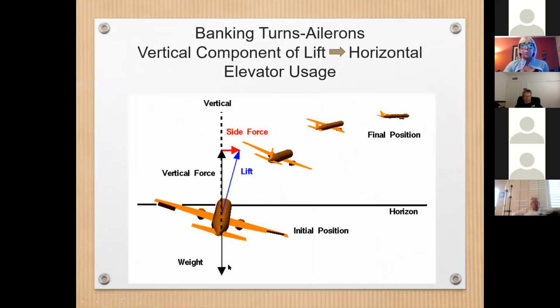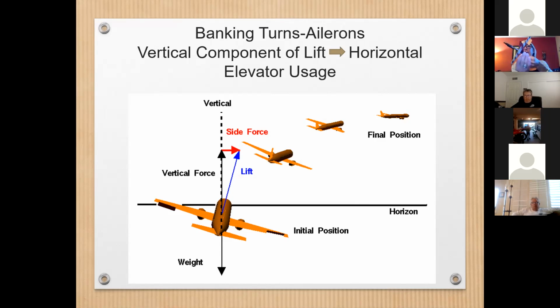Okay, so now we're getting into, well, that's great. On this left wing the aileron is down, and on this one the aileron is up. So we're going back to this again. On this plane we have more lift because this aileron is down. It's going to be banking this direction. But what also happens is we have a vertical component of lift. So the plane's happy as it's going along.